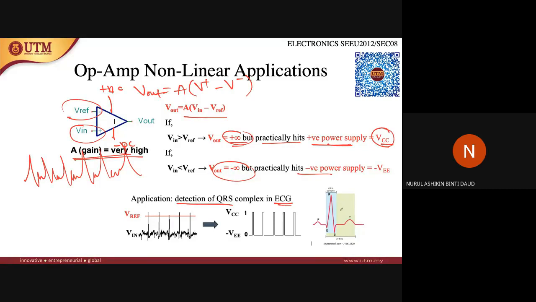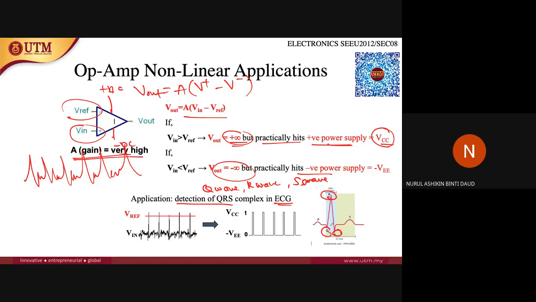QRS refers to the combination of the Q wave, R wave, and S wave. Q is usually at this lower wave, R is the high one at the peak here, and S is at the bottom here.